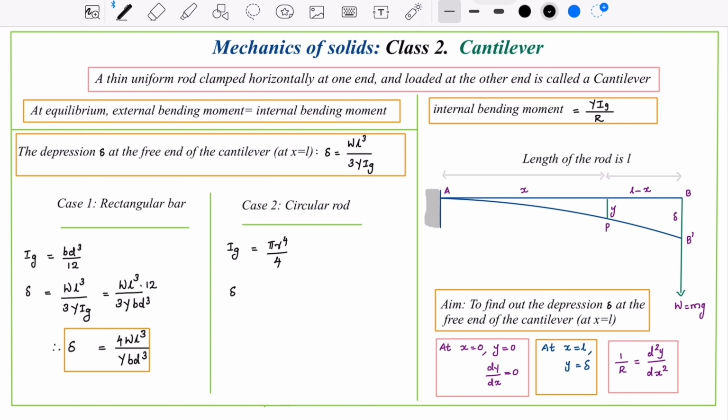Now the depression delta at the free end of the cantilever is WL cube divided by 3YIg, and that is equal to WL cube divided by 3Y pi r raised to 4 by 4, that is delta is equal to 4WL cube divided by 3Y pi r raised to 4. This is the depression delta at the free end of the cantilever for a circular rod of radius r.